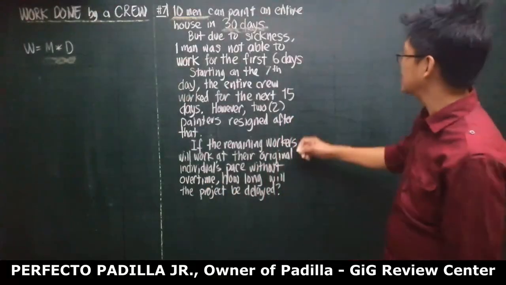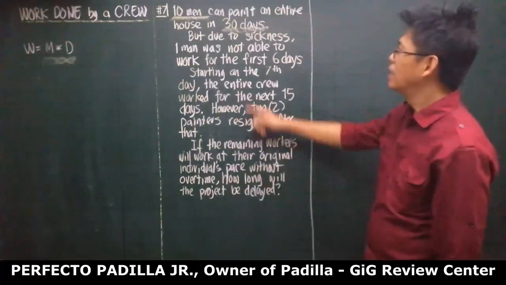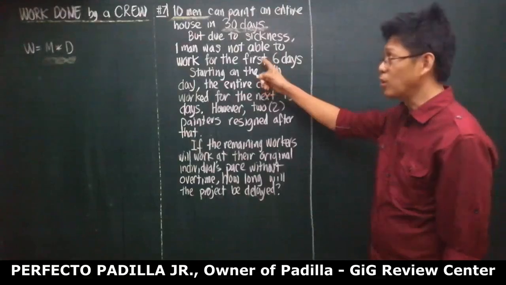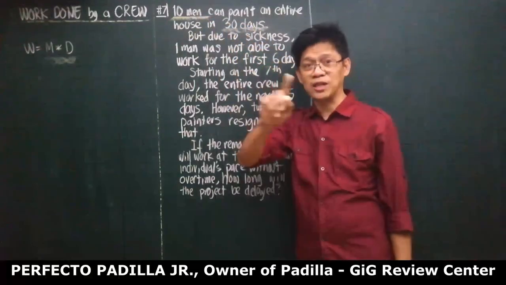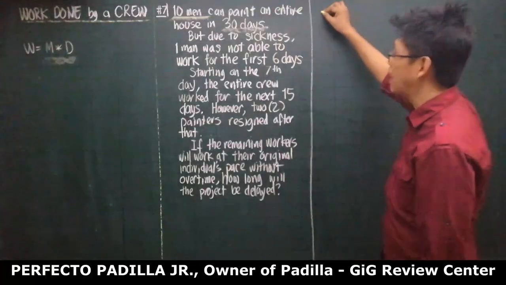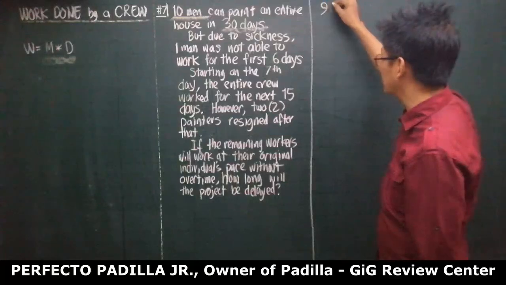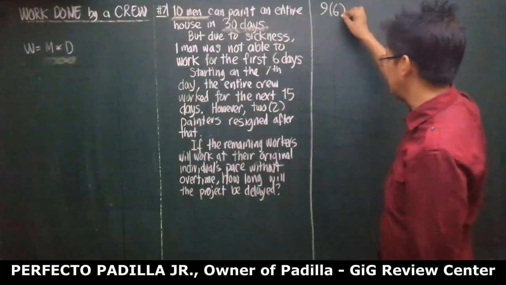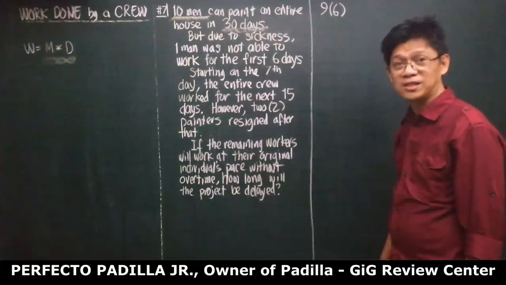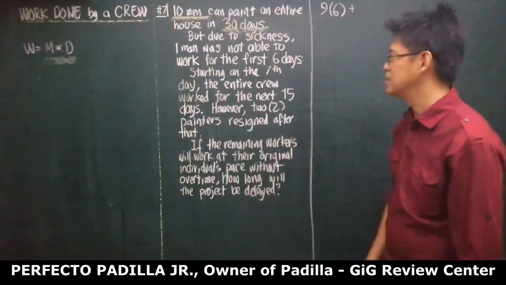Now, ang sabi sa atin dito, but due to sickness, one man was not able to work for the first 6 days. So, kung 10 sila, may sakit yung isa, ilan natira? 9. So, ibig sabihin, ang nagawa lang for the first 6 days, 9 men working times 6 days. Ito lang yung nagawa, 54 man days. Tama? Then, anong nangyari after 6 days?